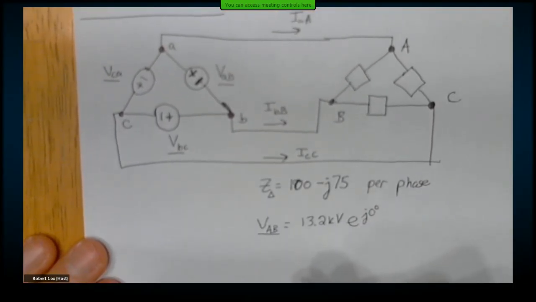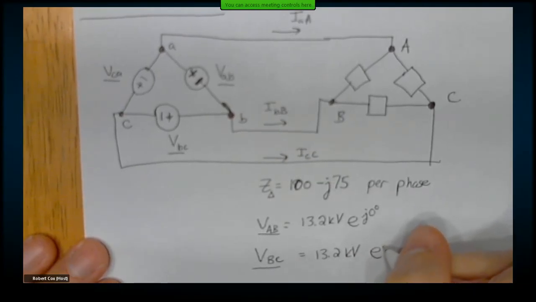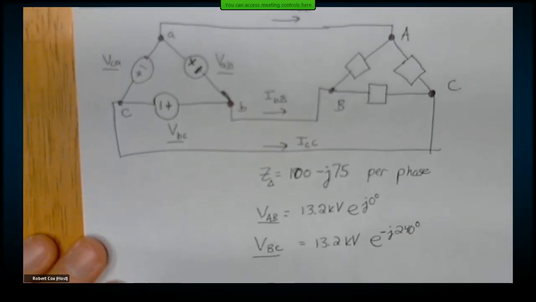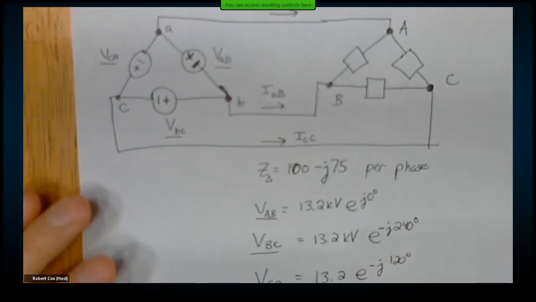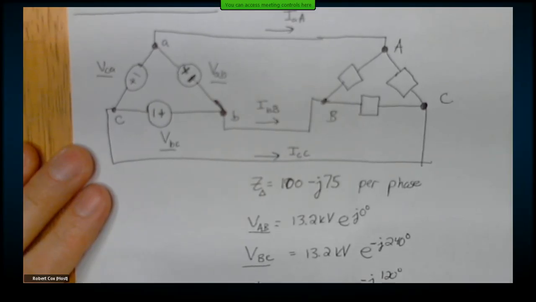VBC is 13.2 kV at an angle of 240 degrees back, and VCA is 13.2 kV at negative 120 degrees. He's 120 degrees behind. So let's draw our arrangement here.